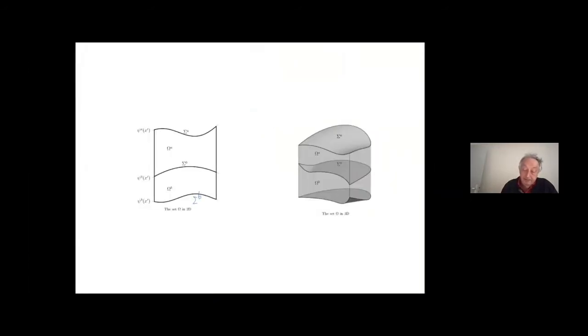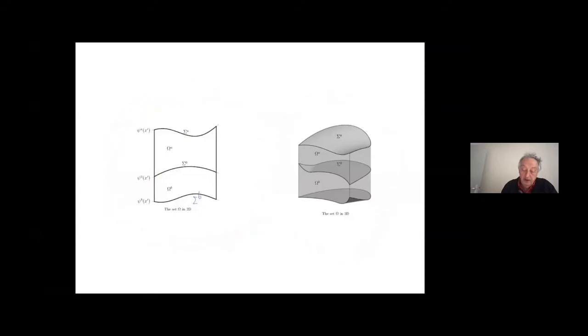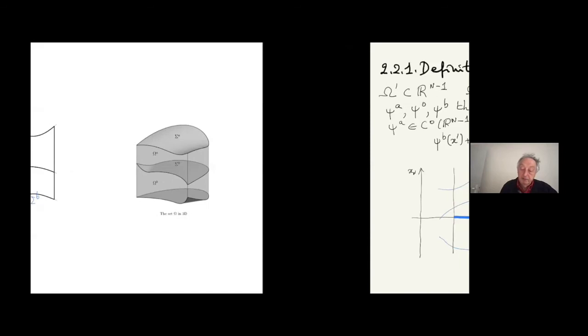What is omega? Omega is here. And I explain how it is done. So this is n equals 2. This is n equals 3. But once you understand the case of dimension 2, you have understood everything.